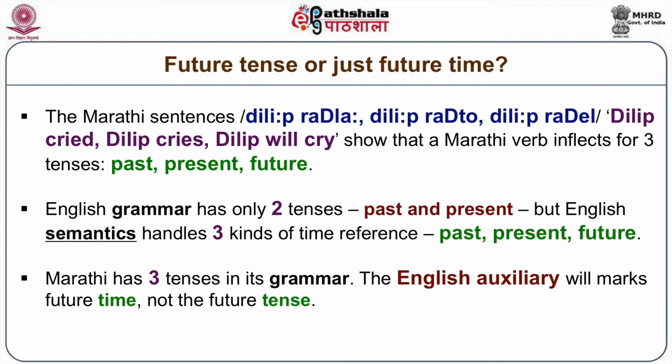The fact that it's an auxiliary gives you a signal. Actually, when you look at the English verbal system, you discover English does not have a future tense in its system of tenses. The future time in English is expressed by using an auxiliary, most of the time will, sometimes shall. There is some complication about when to use will and when to use shall, which we will not go into.